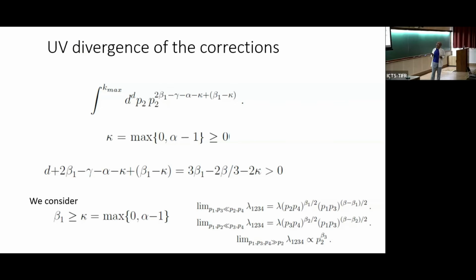And then you look at this correction, you find that they diverge at UV, at very large P. They diverge at infrared. And also they contribute to kinetic equations, the dependencies on other wave numbers, 1, 2, 3, 4, which could also be divergent. So now you find out that there is a whole zoo of divergences.